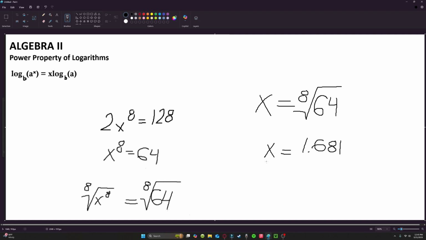So basically, what that means is that if you were to take 1.681 and multiply it by itself, actually, let me write an actual multiplication sign. If you were to take 1.681 and multiply it by itself 7 times, so you have 8 of these in total written down, it would equal approximately 64. So that's basically what that means.